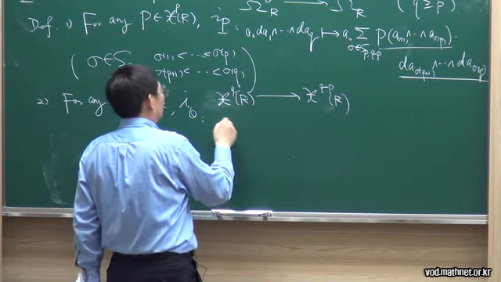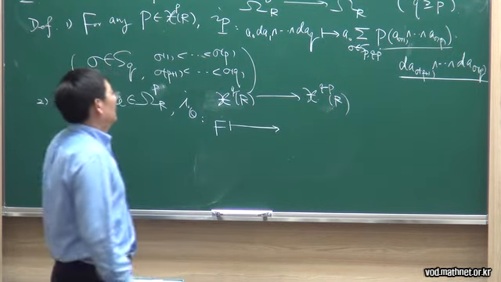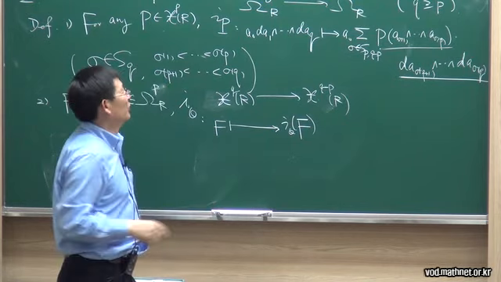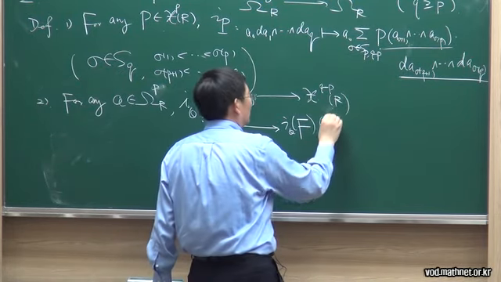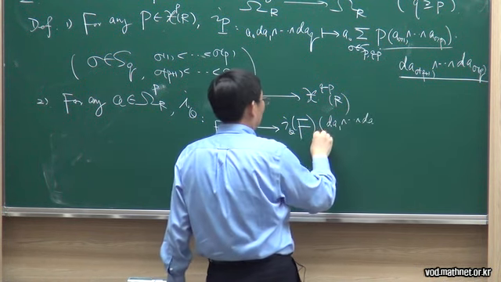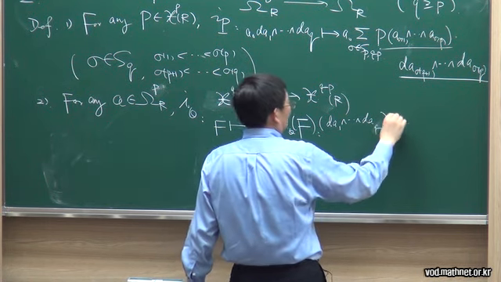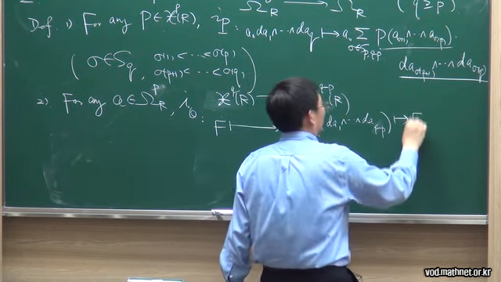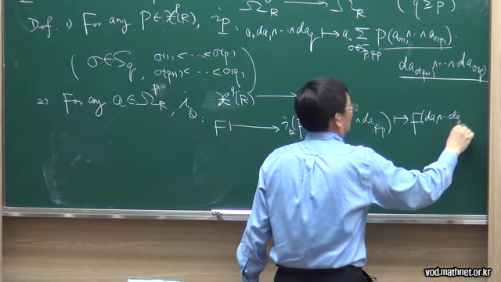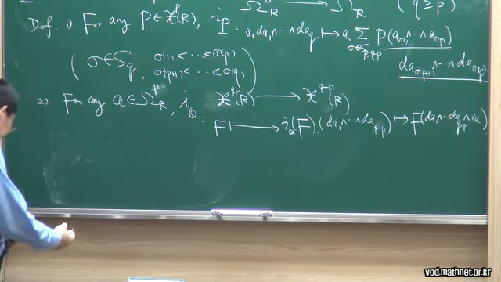That means if this is F, and IQF should be Q minus P forms, and they can act on, say, dA1 through dAQ minus P. So maps to, okay, F of dA1 through dAQ minus P, and wedge Q. This one.